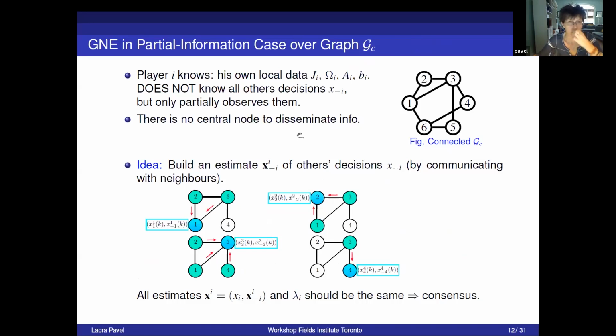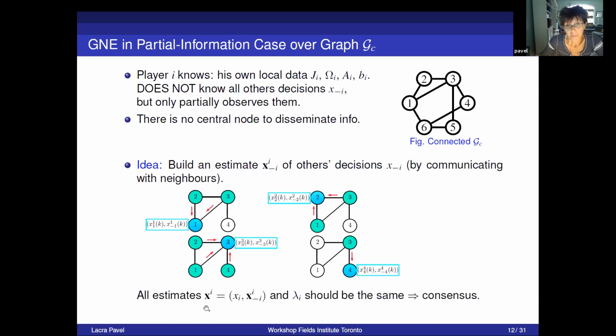So one way in which this can be solved is essentially to allow each of them to build an estimate on the others' decisions by communicating with neighbors. And this estimate is going to have the superscript i, so it is going to be bold, and this is going to be essentially the estimate of the other decisions.